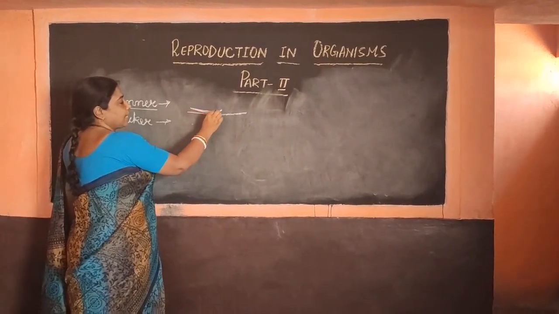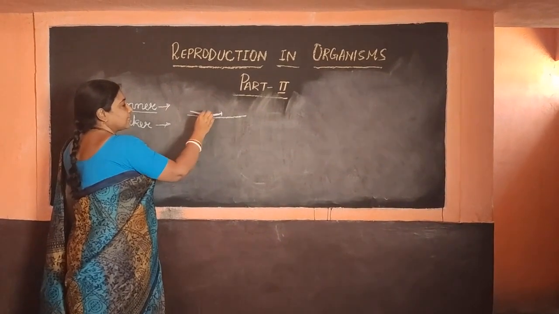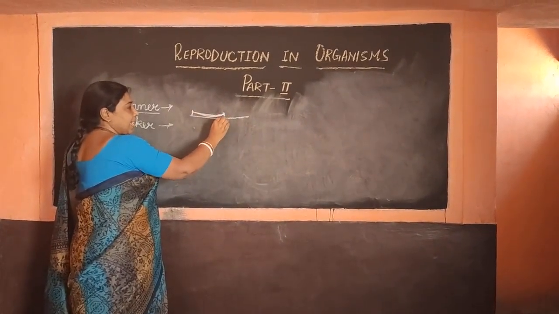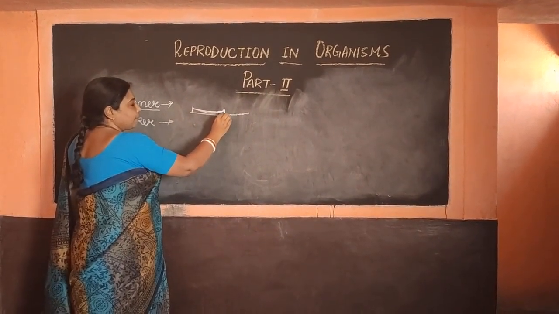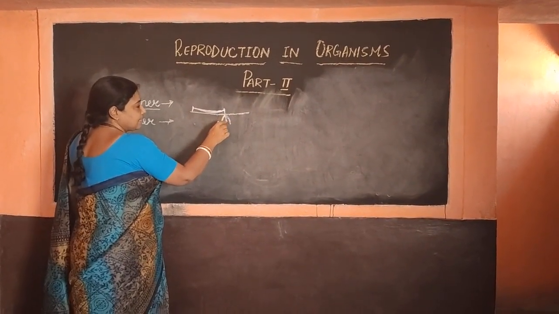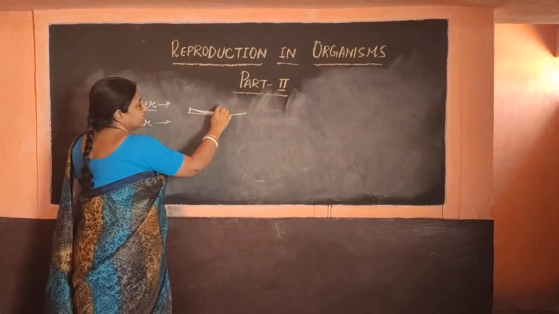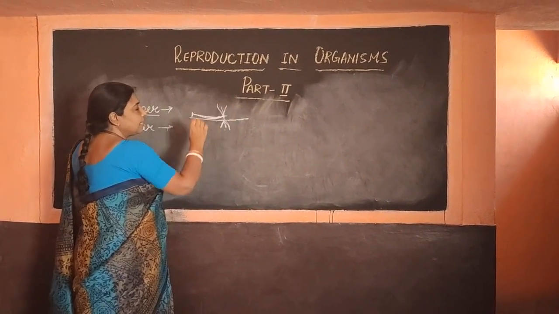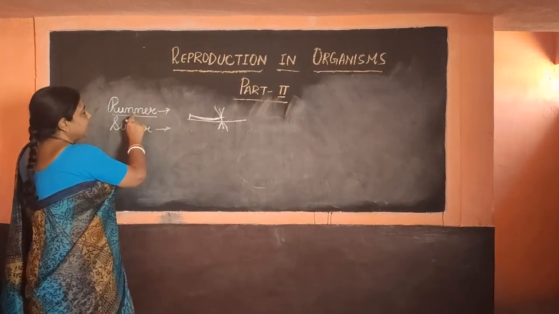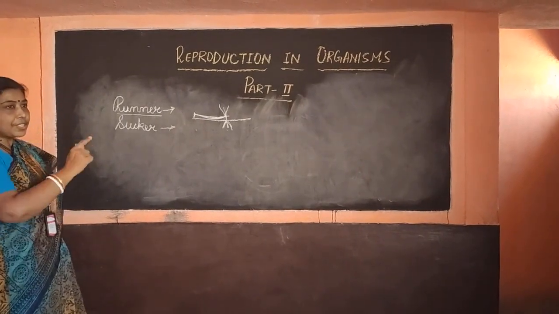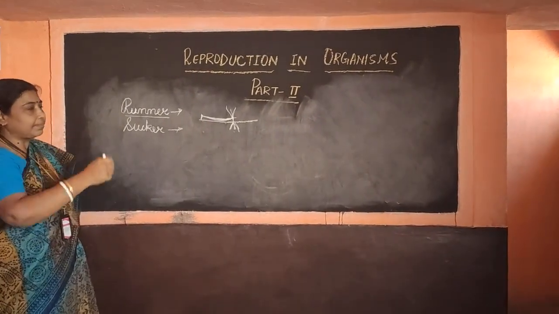This is the part of the internode, and these are nodes. When these nodes come in contact with the soil, there is development of roots, and the stem is already there, and there will be development of the leaves. In this way, in runner, vegetative reproduction or propagation takes place, and we get so many individuals out of it.